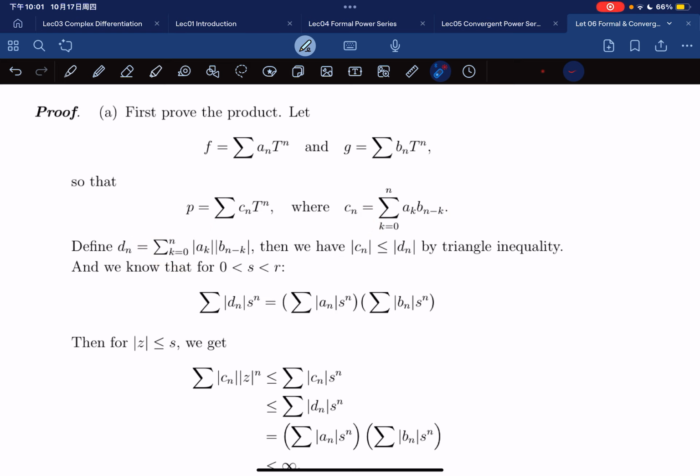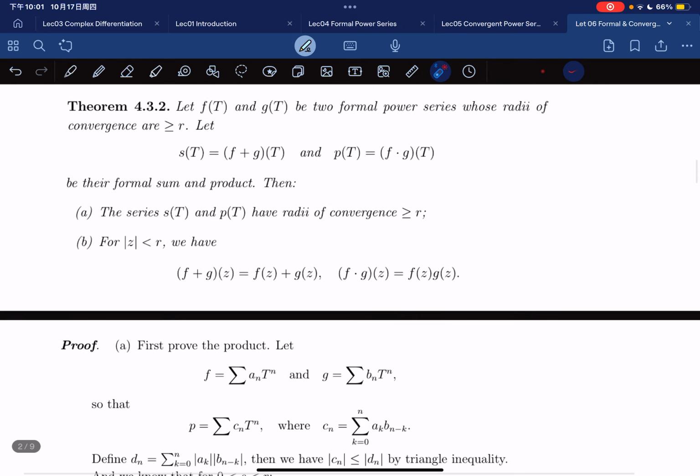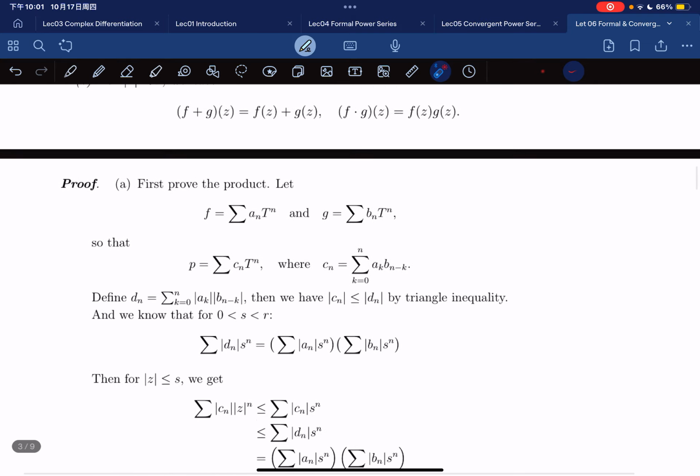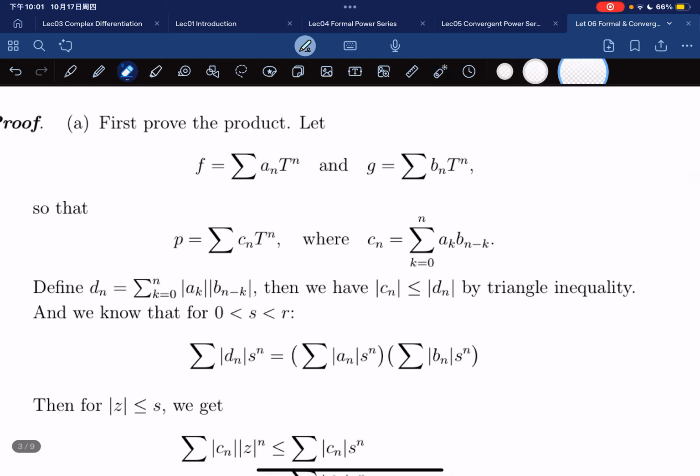And we know that for s less than r, the series a_n s^n and b_n s^n converge absolutely, and d_n is equal to this.